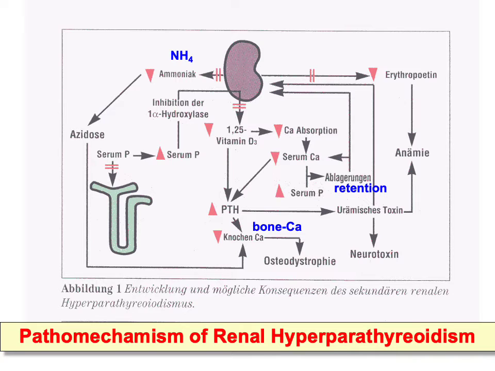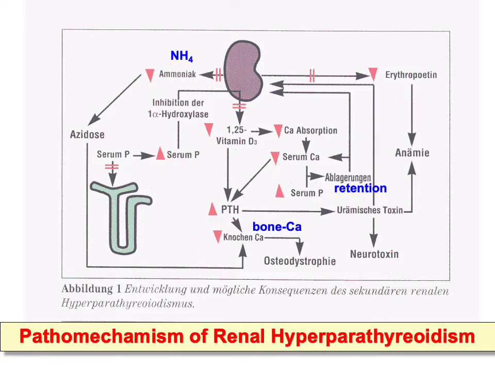and by this way the serum phosphate will inhibit the 1-alpha hydroxylase enzyme, which is an enzyme of the kidney tissue to activate the vitamin D. The first step of the vitamin D3 activation occurs in the liver, and the product is 25-hydroxycholecalciferol.